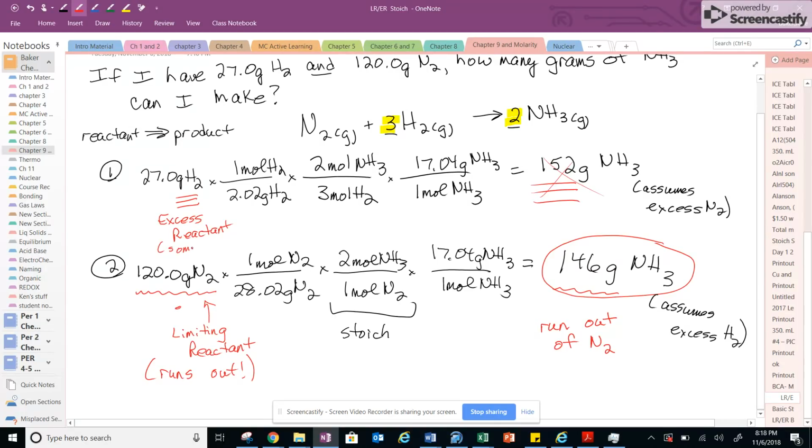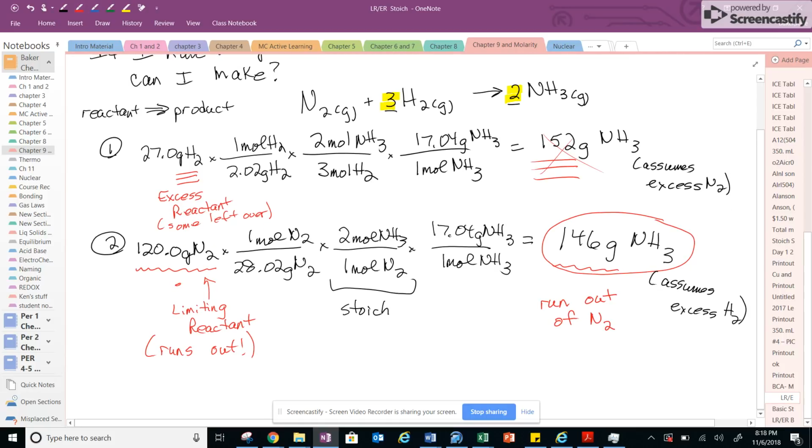There will be some left over. So what we do is we take each one of our reactants and we solve for the product, and the lower of the two product amounts is what can be made.